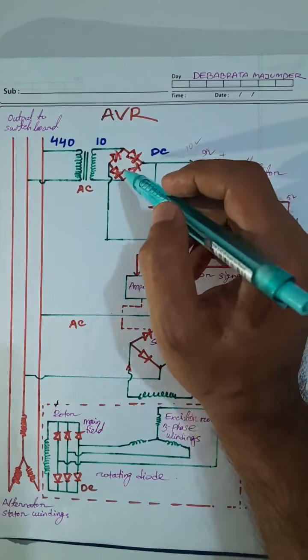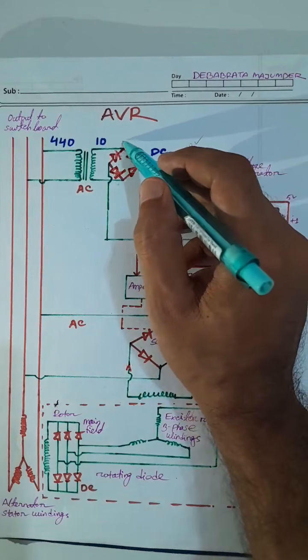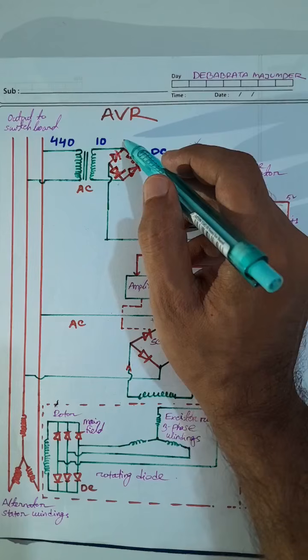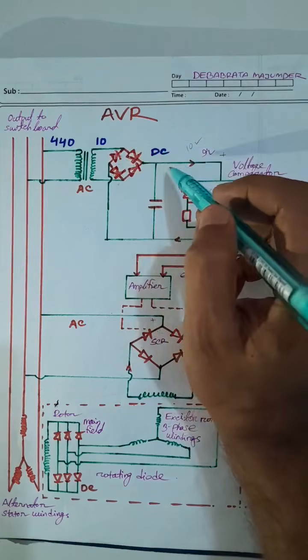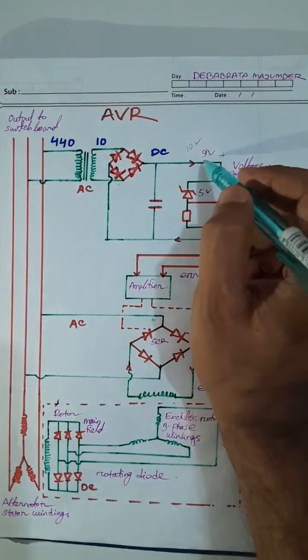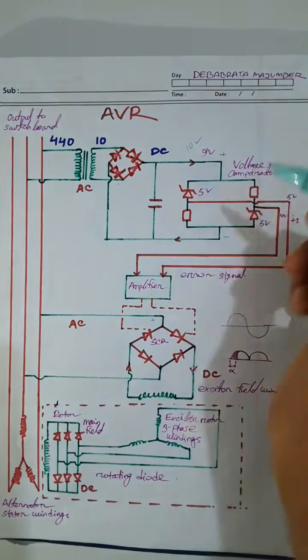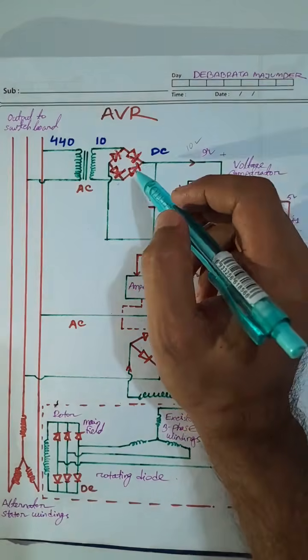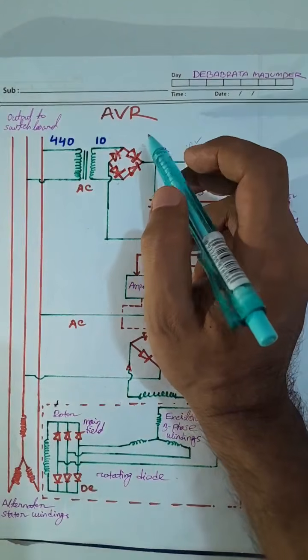But if it is the negative terminal, if you consider this is the negative terminal, at that time the flow will be in the same way. That means this end will always be positive. Now you can ask how this may happen.